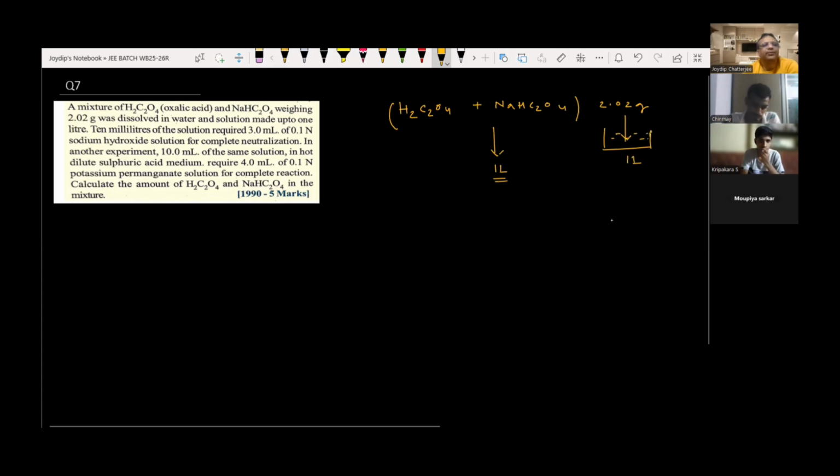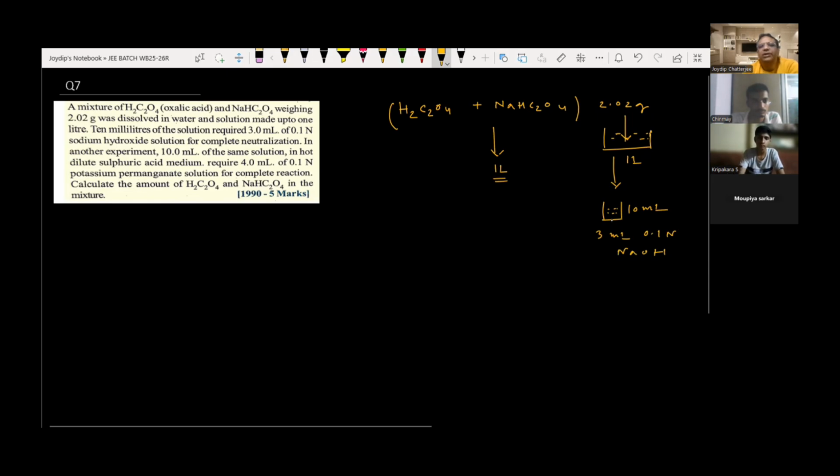We have taken out 10 ml of this solution. 10 ml of this solution required 3 ml of 0.1 normal NaOH for complete neutralization.